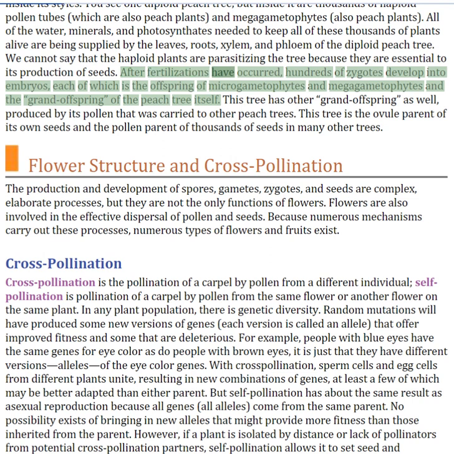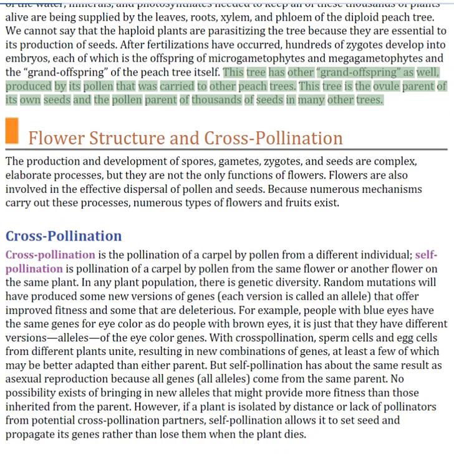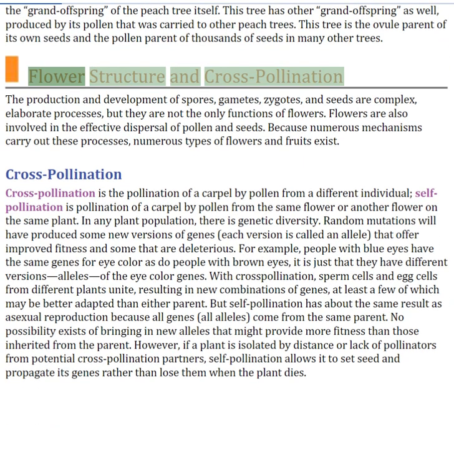After fertilizations have occurred, hundreds of zygotes develop into embryos, each of which is the offspring of microgametophytes and megagametophytes and the grand offspring of the peach tree itself. This tree has other grand offspring as well, produced by its pollen that was carried to other peach trees. This tree is the ovule parent of its own seeds and the pollen parent of thousands of seeds in many other trees.